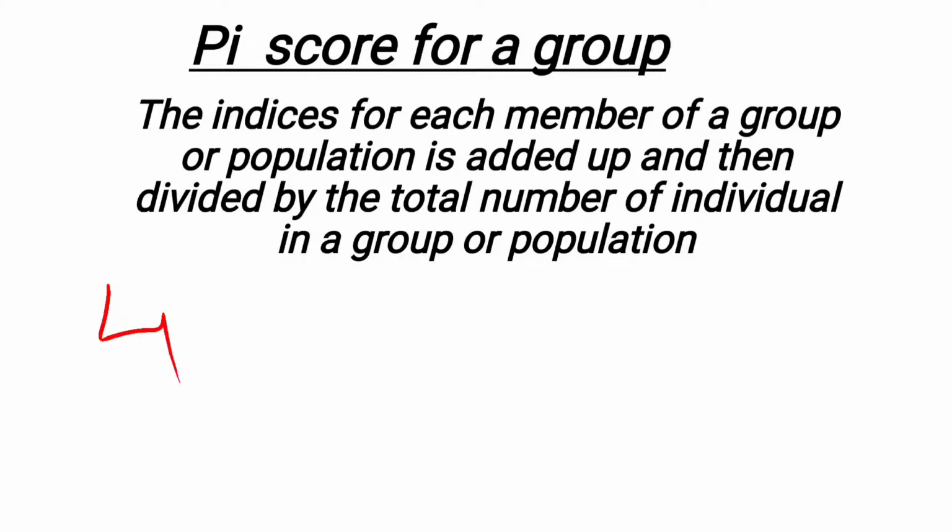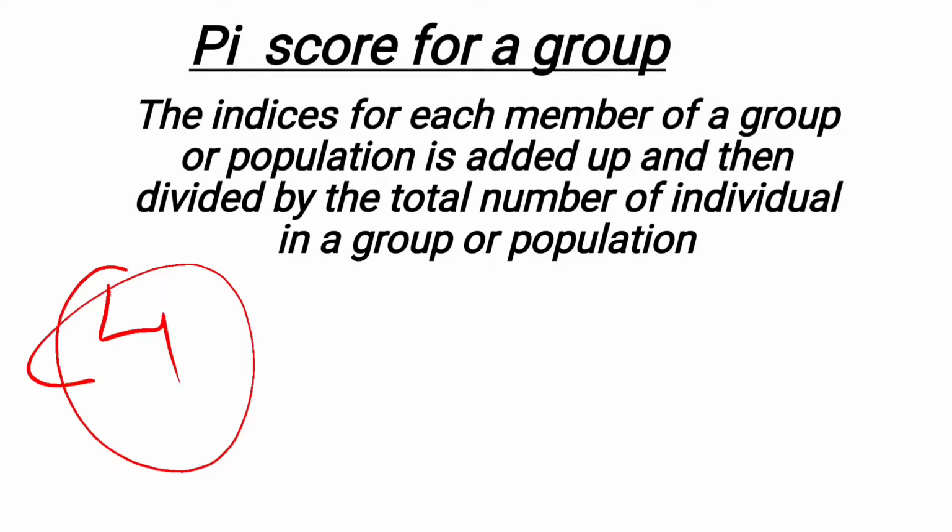Then we are going to add the score of the particular 4 teeth, then divide it by the number of teeth examined. Means if we examine 4 teeth, we are going to divide it by 4. If we examine 6 teeth, we are going to divide it by 6. This is the plaque index score. Getting my point?